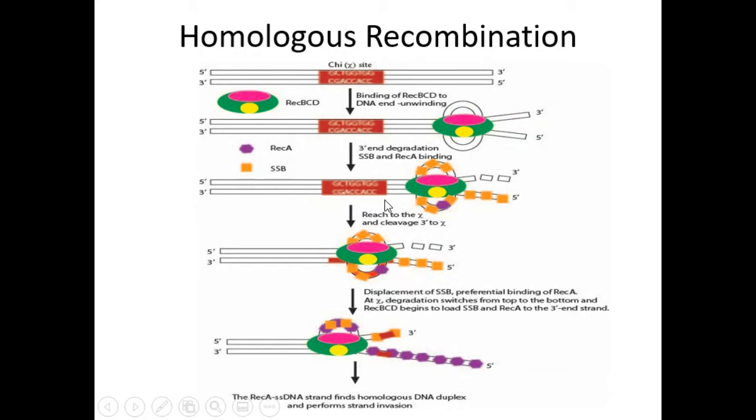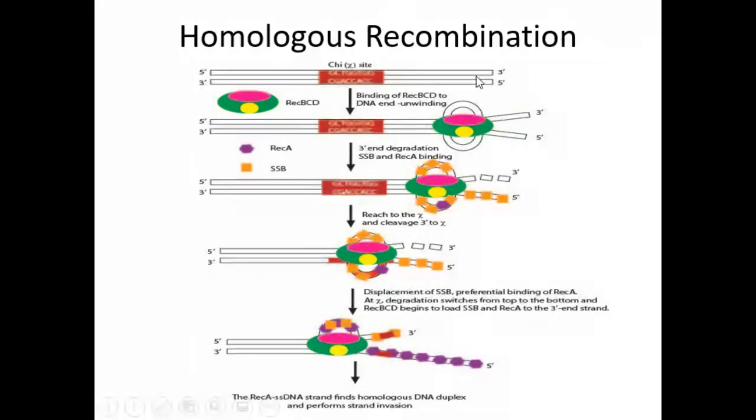And then for homologous recombination in E. coli, it's basically performed by the RecBCD homologous recombination pathway. Basically the RecBCD protein binds to the DNA double helix break and uses its DNA helicase activity to unwind the DNA toward the so-called chi site.